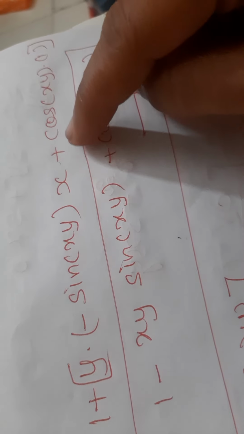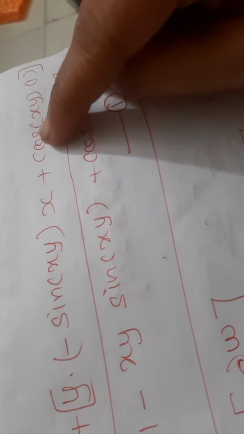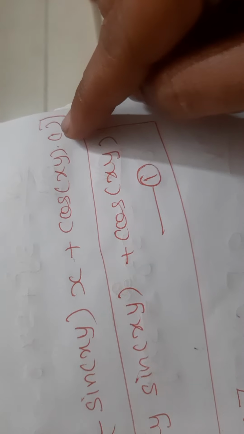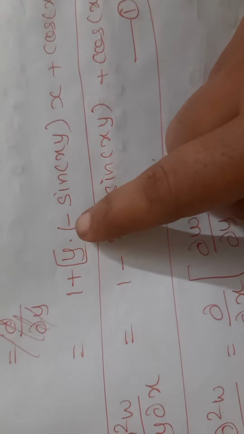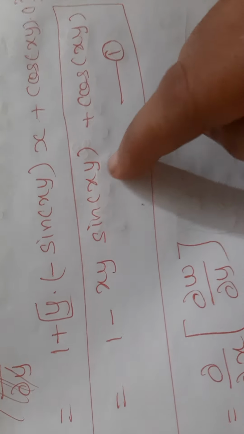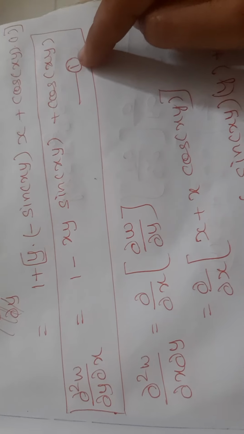Plus the second function we want to keep as it is, that is cos xy. The differentiation of y with respect to y is 1. So I have written like this 1. This minus I am going to bring here: 1 minus xy sin xy plus cos xy. So this will be the first equation.